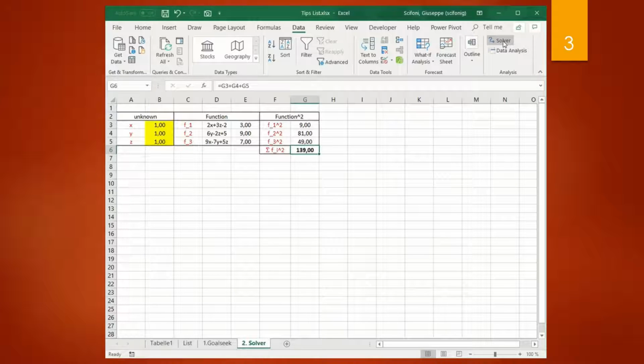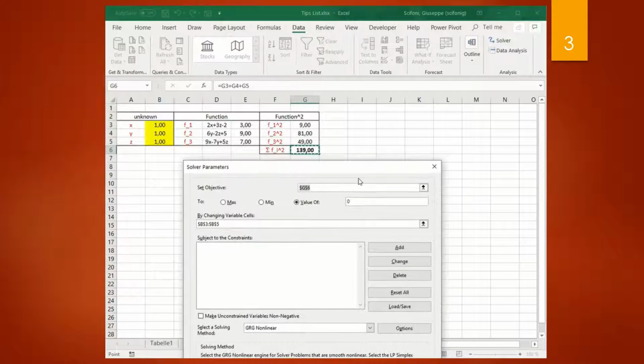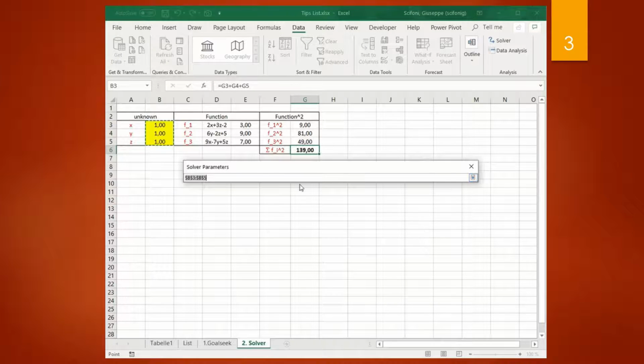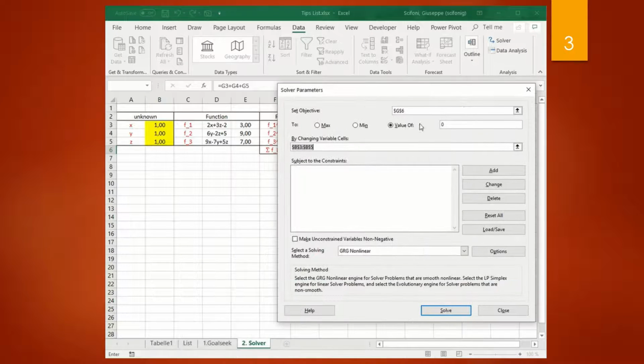So we call the solver here, and we set as objective this cell to a value of 0 by changing the cells x, y, and z. And we select a nonlinear method because even though the functions are linear in this case, the relationship is not linear, because we have introduced the square and the sum of the squares.